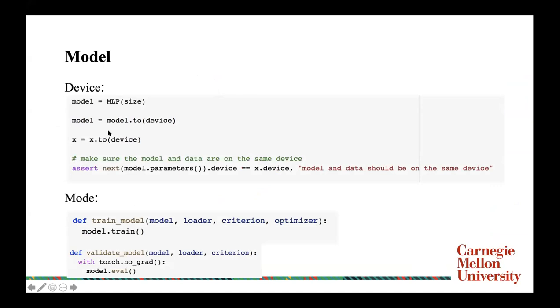Another commonly encountered error is about the mode of the model. The model has two different modes regarding the training and evaluation phase. In the training phase, you should explicitly set model.train so that you enable the batch norm to update the statistic values and enable the dropout if applicable.